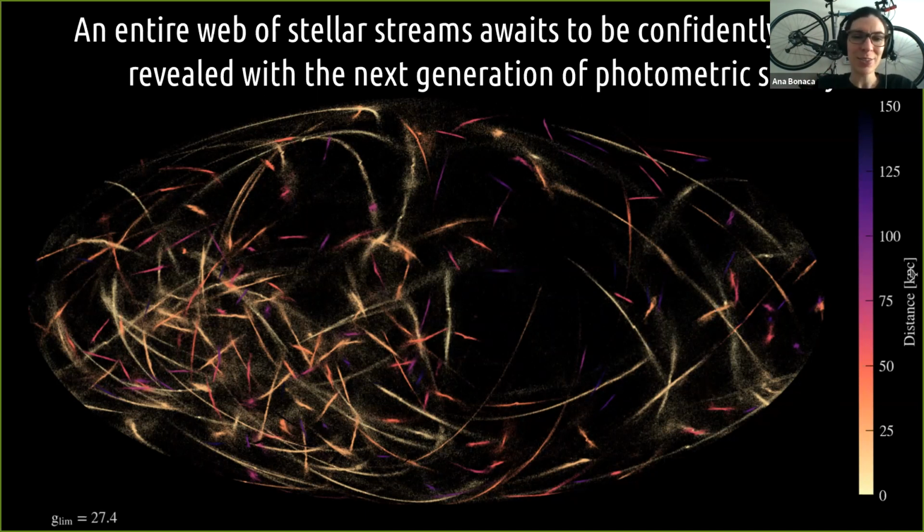So I think there is a lot to be done with the streams that we already have, and also a lot of excitement to come from all the new discoveries of streams, especially in the outer halo. That should be a very unique test of dark matter physics overall. So this is my last slide.